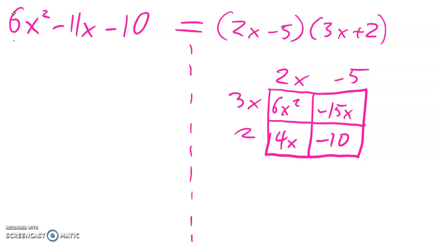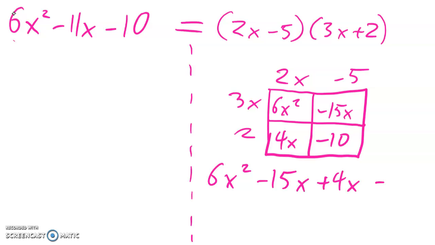When I put this factored form into standard form, I have to multiply everything against everything. That's my distributive method. And then I have to take the four numbers inside of this box and add them all together.